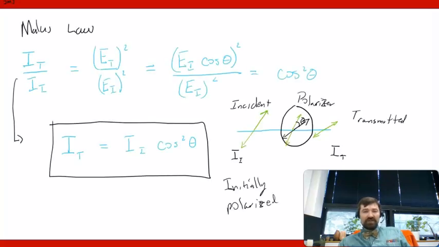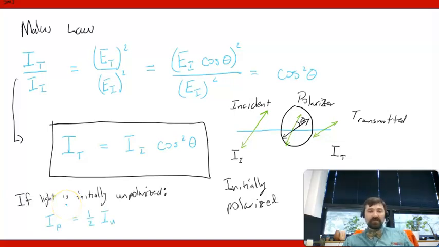Well, if it's not initially polarized, then you basically tend to just transmit half of the intensity, because the polarization direction, there is none, and so you have equal amounts of light polarized in all directions. And by symmetry, that means 50% of it will end up being validly polarized along any one direction.